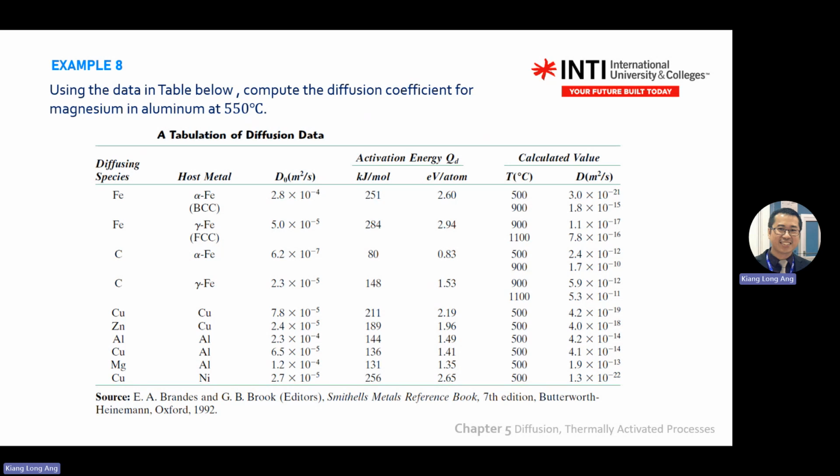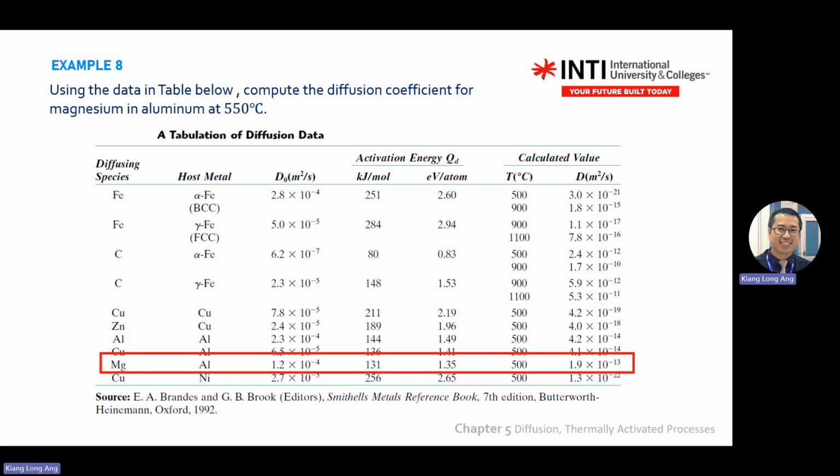So you go to the table, species magnesium, host metal is aluminium. Find the row and column. In this case, you have the D0 1.2, activation energy 1.3, and the T and D is over here. Here is 550 degrees C. The table here is 500. So you need to do interpolation.